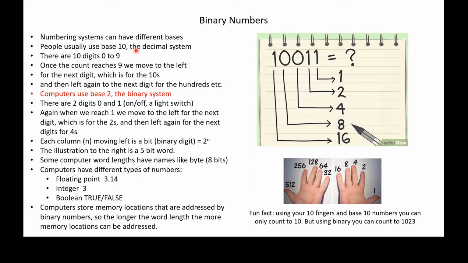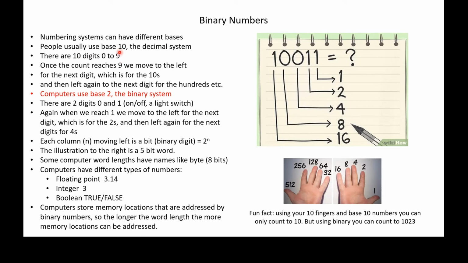Octal, for example, has a base of 8. People usually use base 10 because we've got 10 digits on our fingers, both hands, and these are digits 0 to 9.